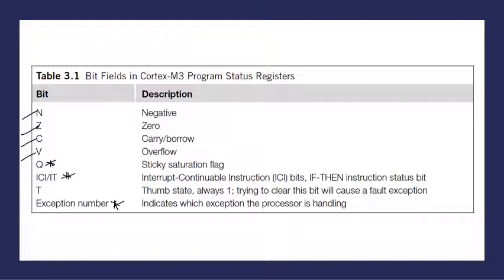So here, first one, negative. Always remember, whenever you perform any operation, preferably an arithmetic or logical instruction, if in the result the MSB bit is 1, then the resultant value is treated as negative.